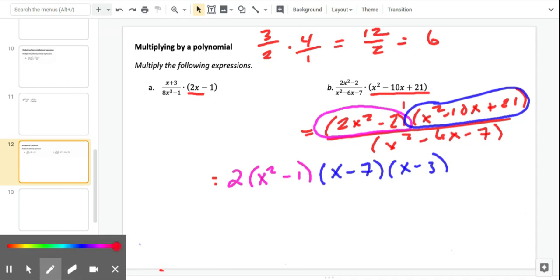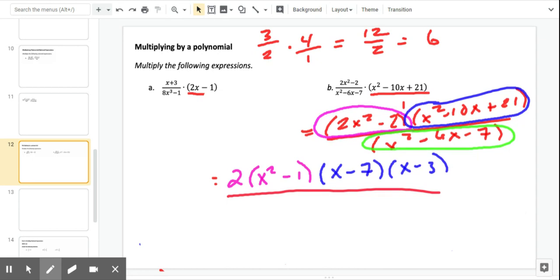We've got another trinomial. We want to know what adds to negative 6 that multiplies to negative 7. Well, there's only one. 7 only has two factors, 7 and 1. So it's got to be x minus 7, x plus 1, because negative 7 plus 1 is negative 6. Negative 7 times 1 is negative 7.